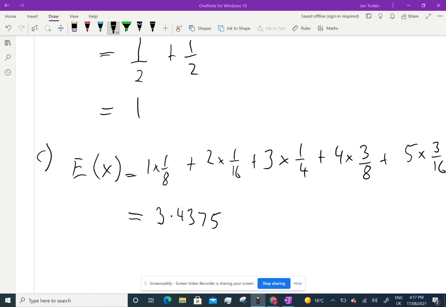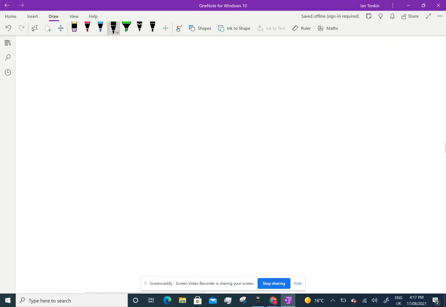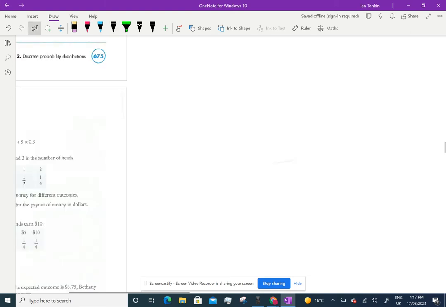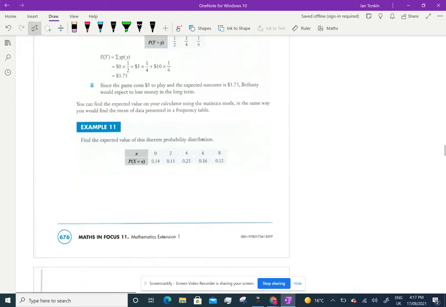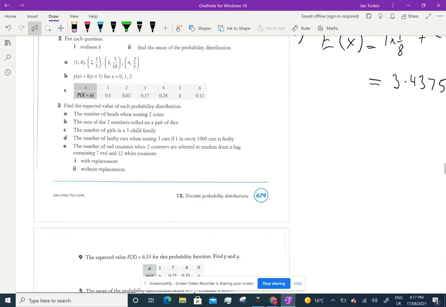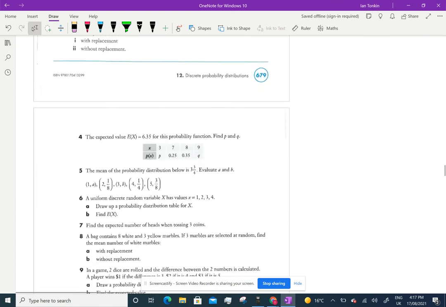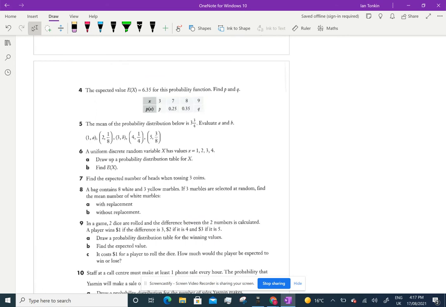So that's all you do for these. And there are not very many. Just going through, if you go back to the beginning, you're calculating the mean. For question 3, 4, they're all pretty standard.